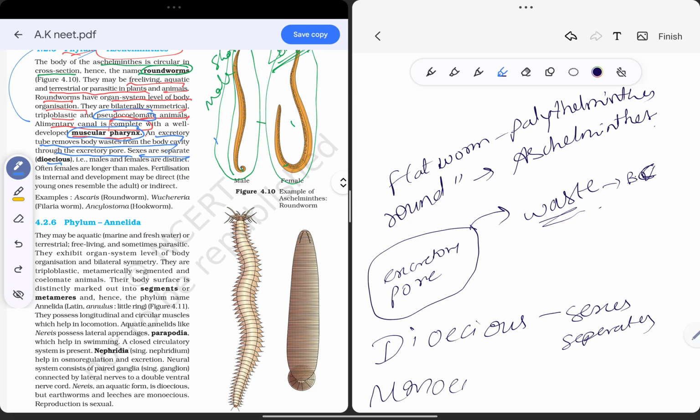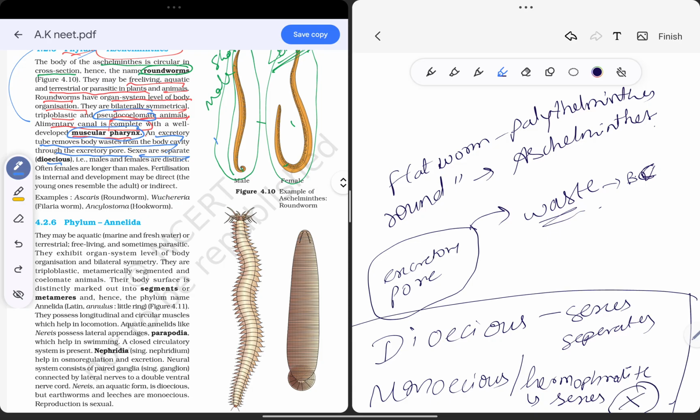Monoecious, or hermaphrodite, means sexes are not separate. Important point. So who is dioecious? Aschelminthes is dioecious.